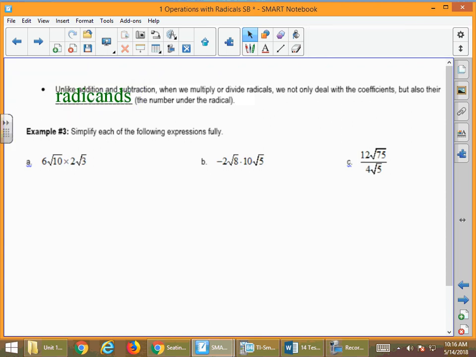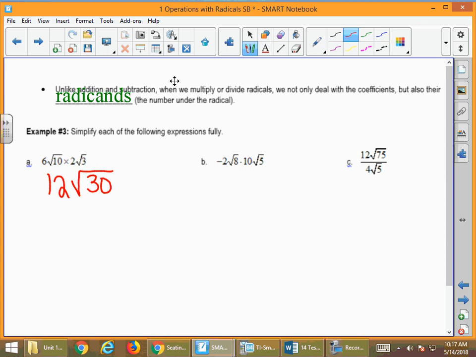As we take a look at this, again, when we multiply, we need to deal with the coefficients. The coefficients on problem A are 6 and 2. Well, 6 times 2 is 12. Square root of 10 times square root of 3 is square root of 30. We dealt with both the number out in front and the number underneath.